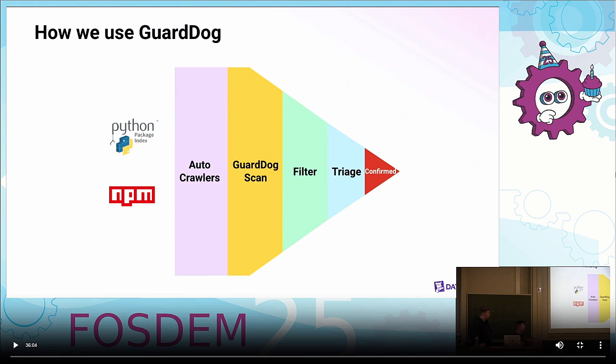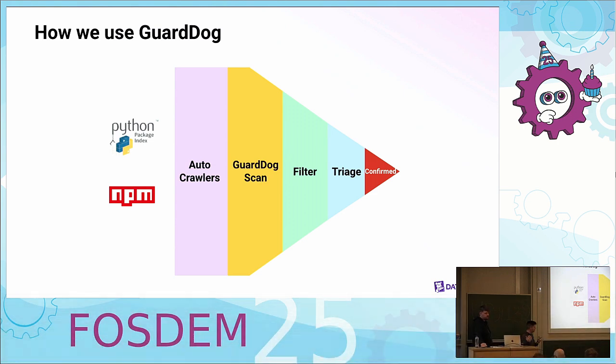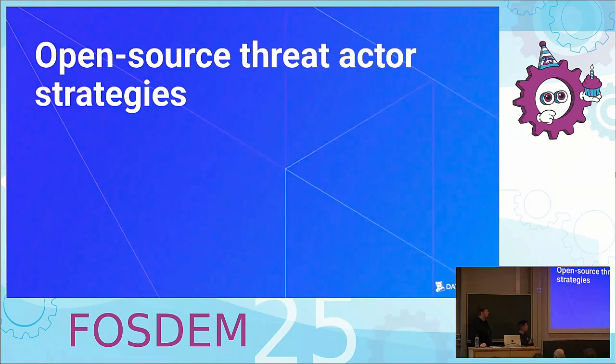To have an idea, we're considering about 0.6% of packages suspicious or interesting enough for further analysis. The further analysis, which is the triage stage, is conducted by a human, right? And if confirmed, the malicious package sample is uploaded to a public repository called the malicious packages dataset.